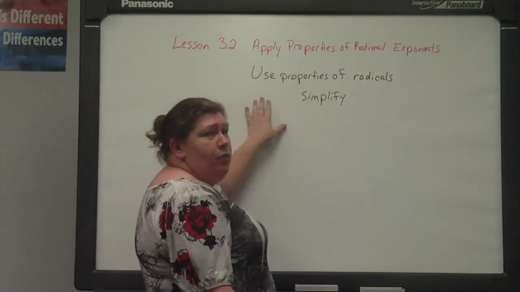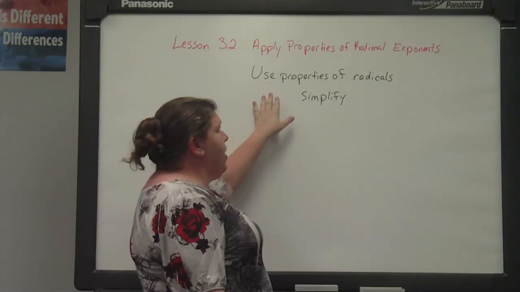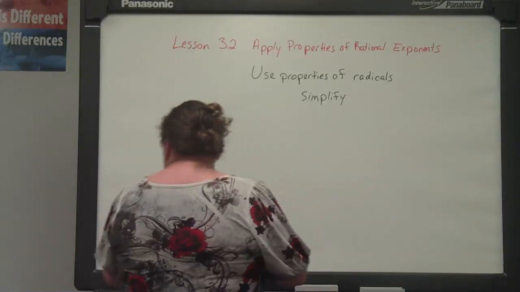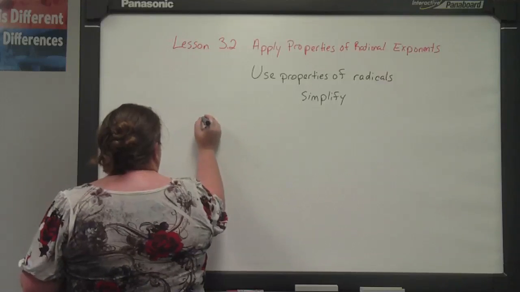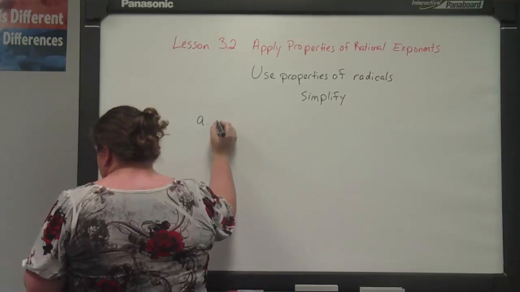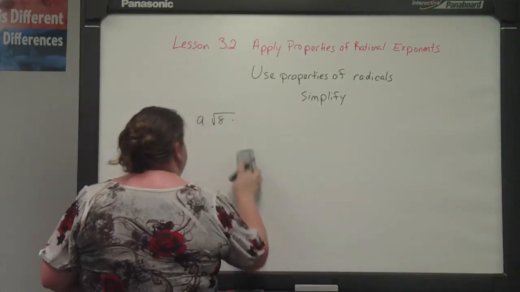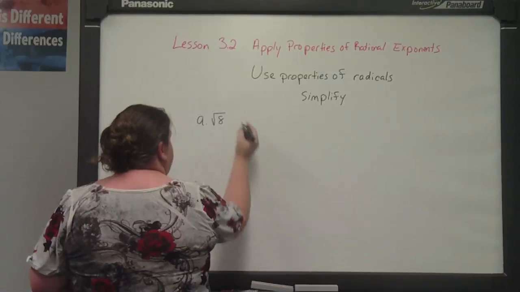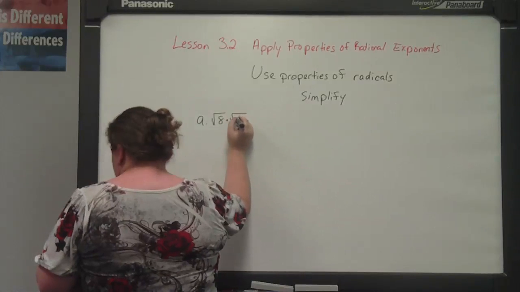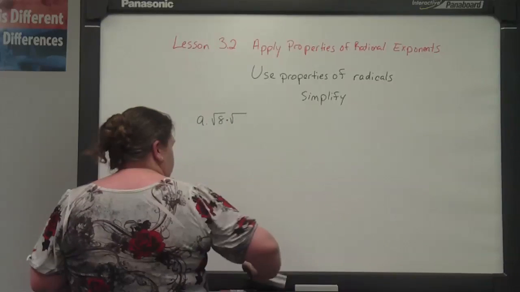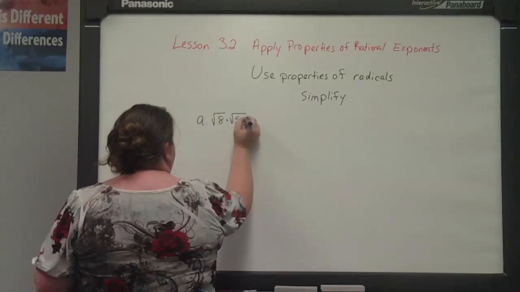The next concept we want to look at is using properties of radicals. And again, we're going to simplify. So the first one I want to look at is the square root of 8 times the square root of 50.